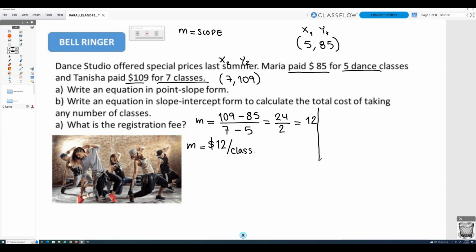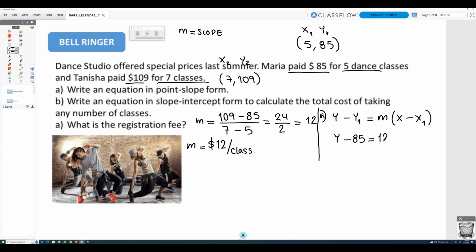Then write the generic form of the point-slope form. The difference of y and y sub 1 equals the slope times the difference of x and x sub 1. Remember, the letter m stands for slope. Now, substitute accordingly. 85 is y sub 1.